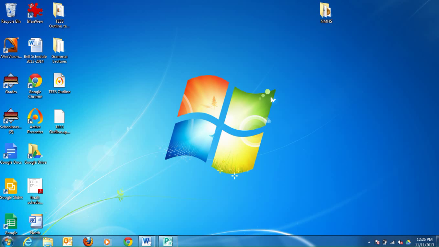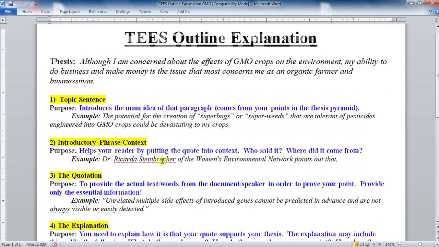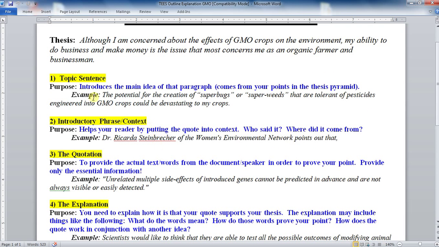So the first thing that I want to show you is the explanation for this. So again, the topic sentence is the T, and the topic sentence is the introduction of the main idea for that paragraph. You'll get the topic sentence from your thesis pyramid.